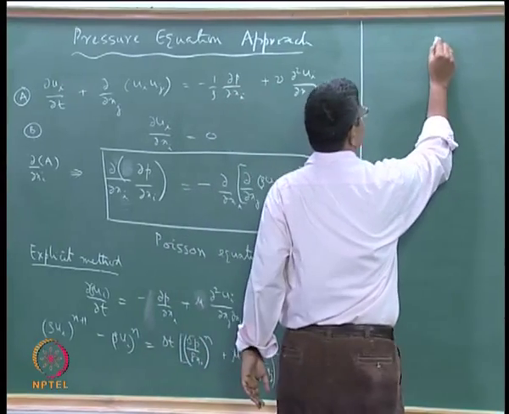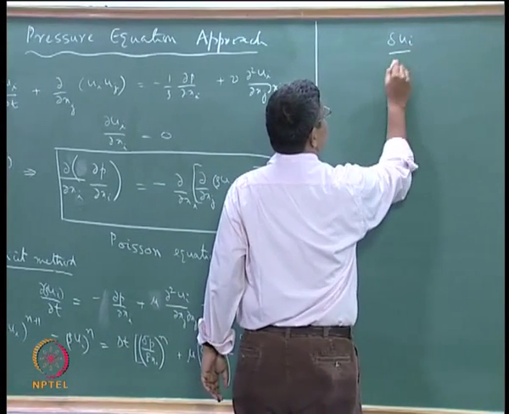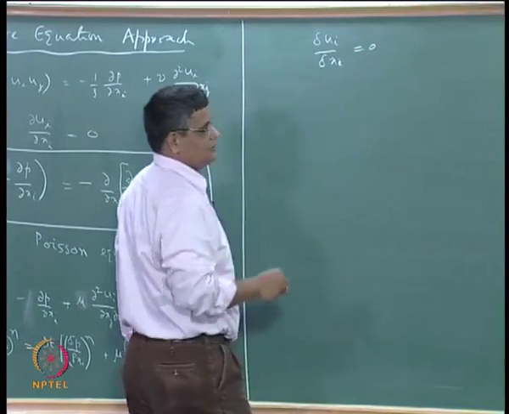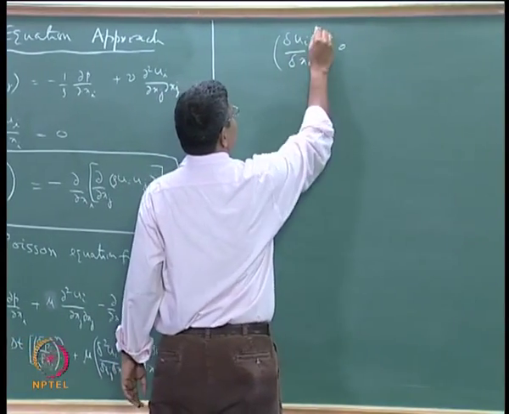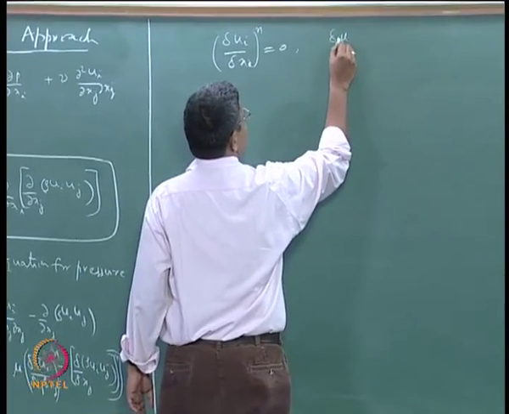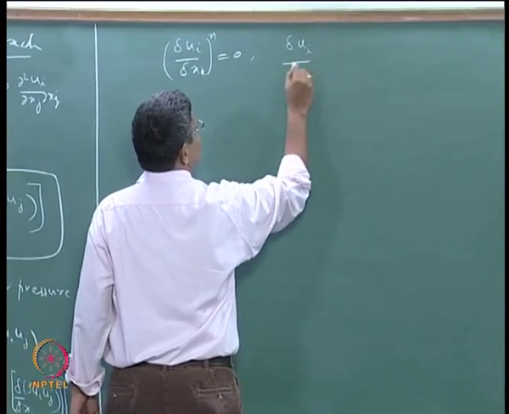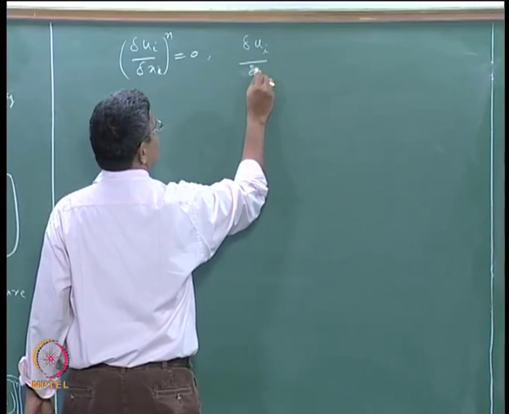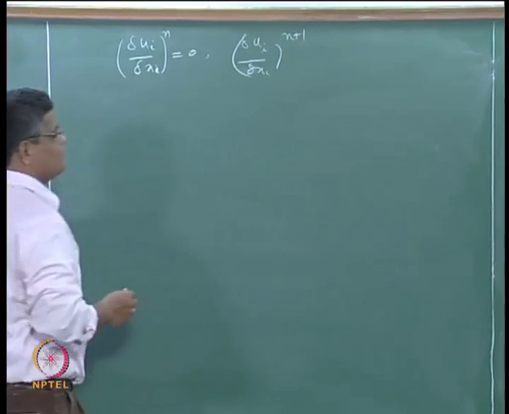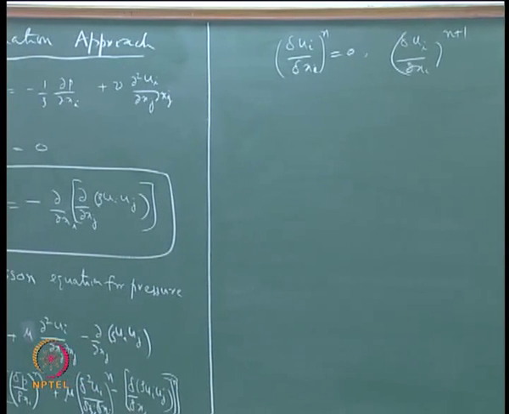So, in a discretized form, this is equal to 0 at n, and similarly at n plus 1 is equal to 0.